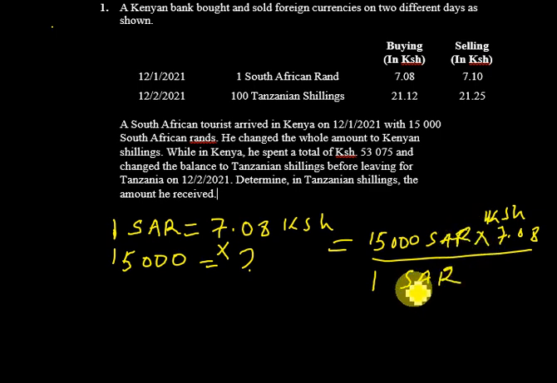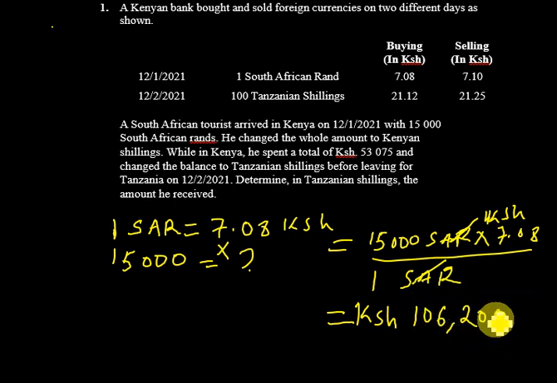So this South African rand cancels out. So we have 15,000 multiplied by 7.08. This gives us Kenyan shillings 106,200. So this is the amount that the person arrived with in Kenya when we convert it into Kenyan shillings.